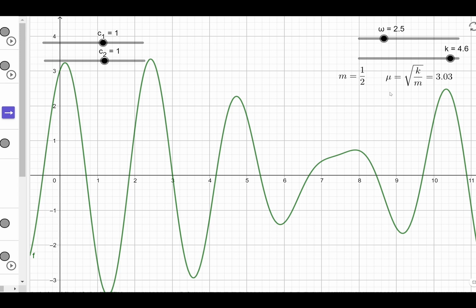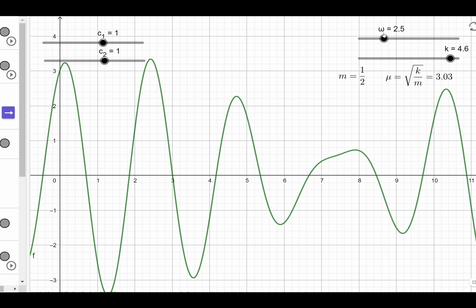Let's go ahead and see what that looks like. All right, so here is a graph of the solution in the case with no damping. You can see that we've got a couple of different kinds of periodic behavior going on, and I want to explore that a little bit. In this case, mu, which is the frequency of the homogeneous system, is 3.03, and omega is 2.5.